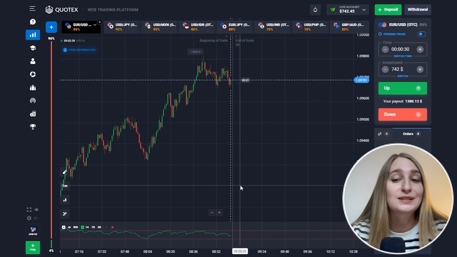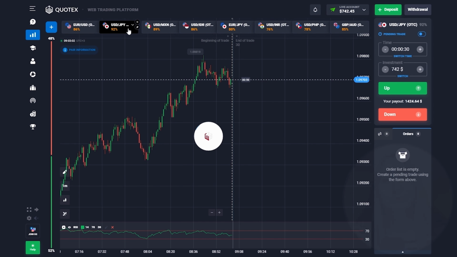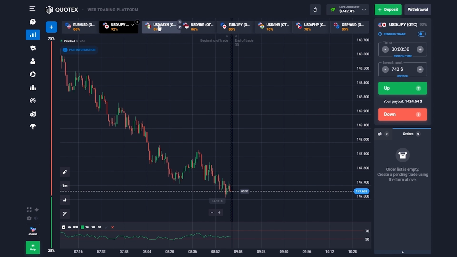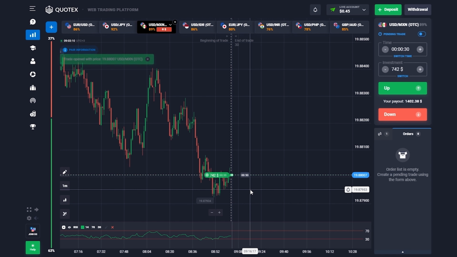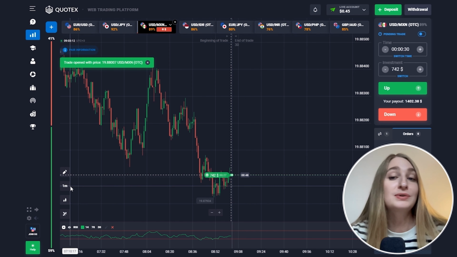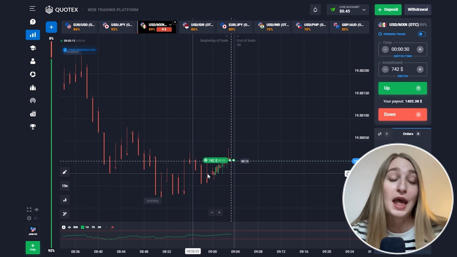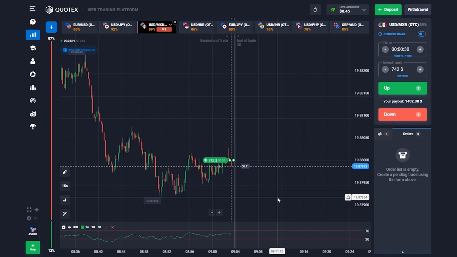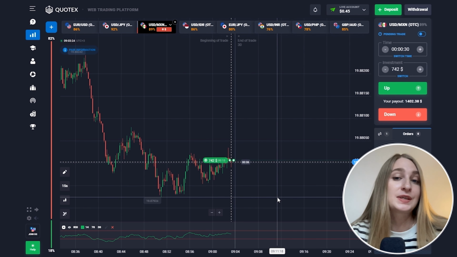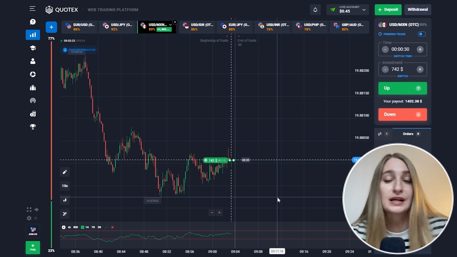So looking for the right situation to enter a trade now. Here, for example, I see a good situation in this place and open on the upside. I open on the upside, and the RSI indicator shows that the line is already going up.